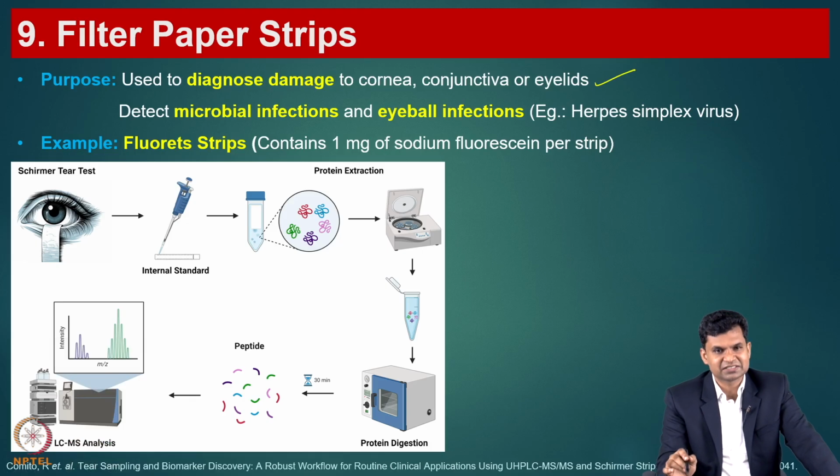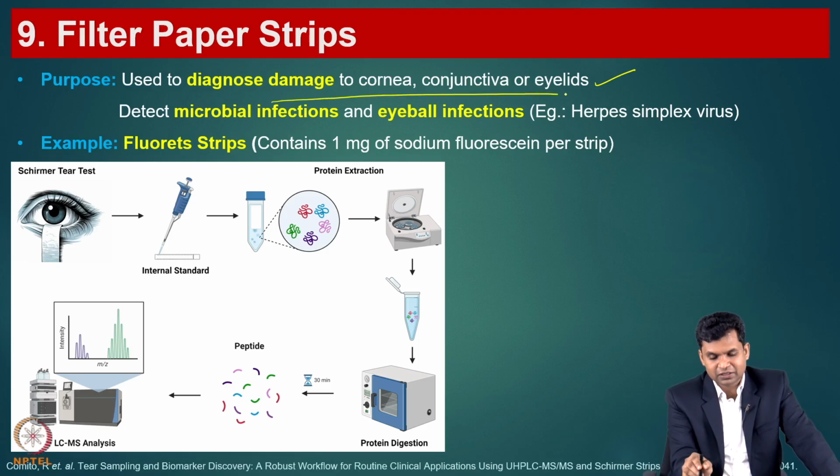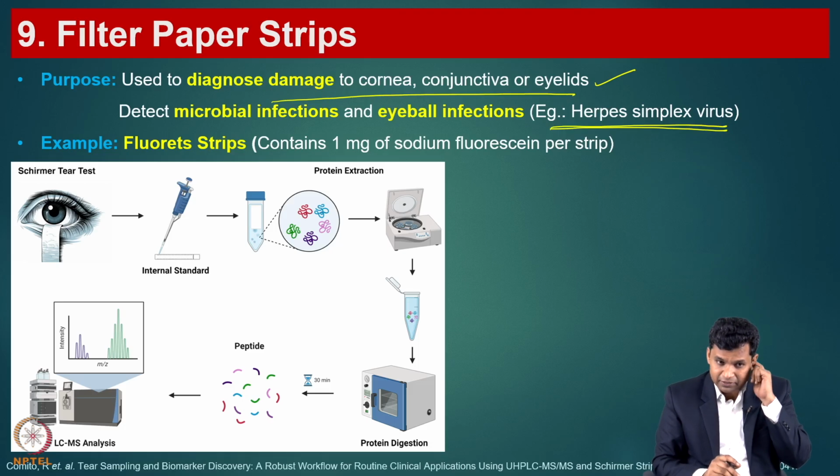In such cases we can use filter paper strips, which look like films, that need to be applied on the eye and later removed, and then we need to quantify, or we can see the damage of the cornea, conjunctiva and eyelids, and also we can detect the number of microorganisms present at a particular site, and the type of microorganisms can be detected using various instruments.